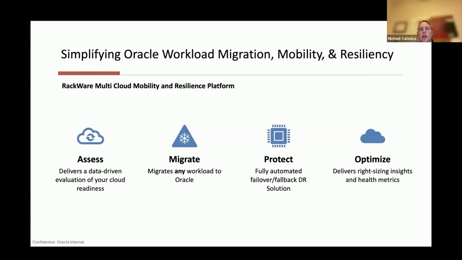RackWare Assess helps organizations with cloud readiness, with understanding the total cost of cloud ownership, and with migration readiness. From a cloud readiness perspective, RackWare assesses whether an organization's infrastructure, applications, security posture, and operating model are prepared to adopt and operate effectively in Oracle Cloud.